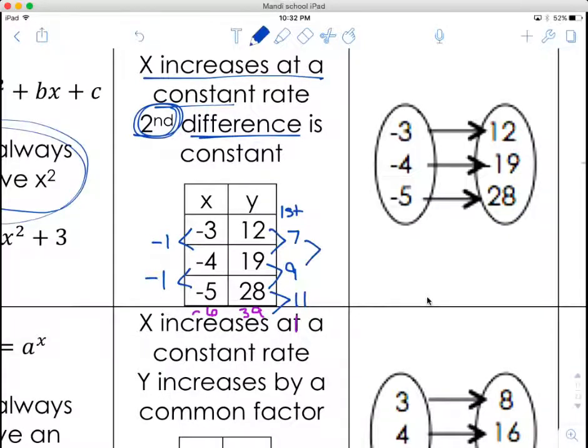Now we look at the second difference. From 7 to 9 is 2. From 9 to 11 is 2. The second difference is constant. Okay, so we're going to kind of skip the table because you need 4 to do the function map. So that's okay. We'll just skip this one for now.